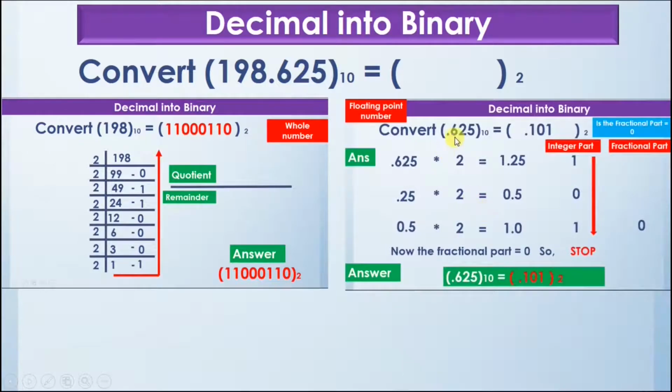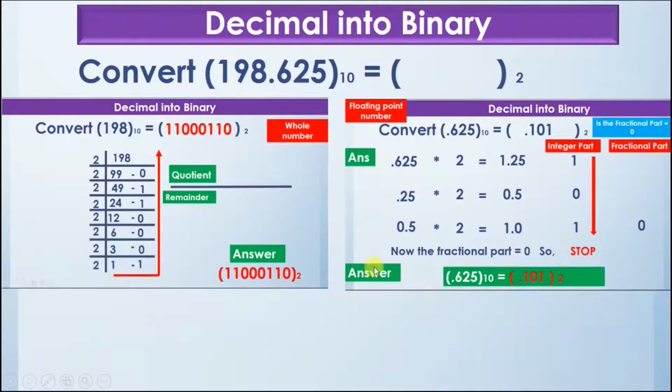We took this number and multiplied it by 2, because the base of binary is 2. Again, I am not going into detail; I already explained how we solved it. So the answer of this question was 0.101.